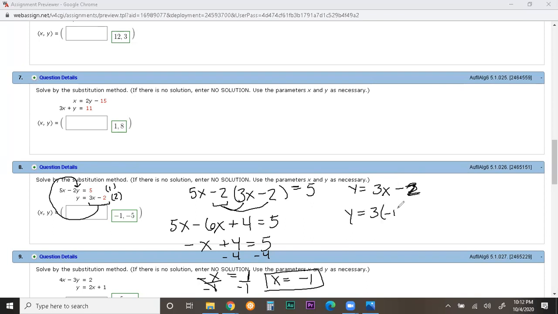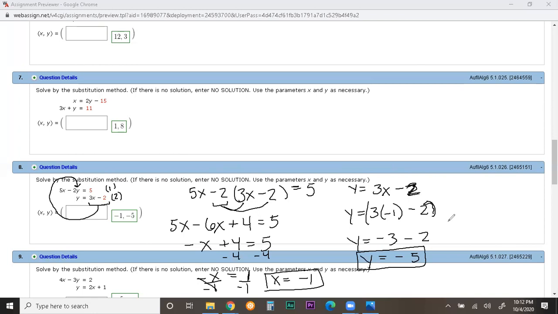So I'm going to plug in this negative 1, and 3 times negative 1 is negative 3. And then we have minus 2. So y equals negative 3 minus 2, which is negative 5.